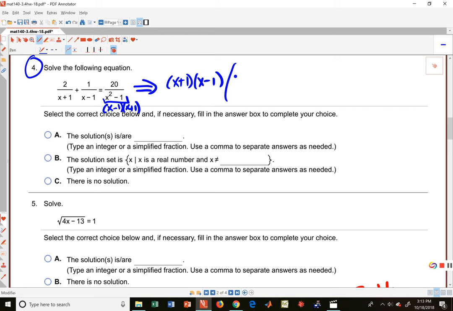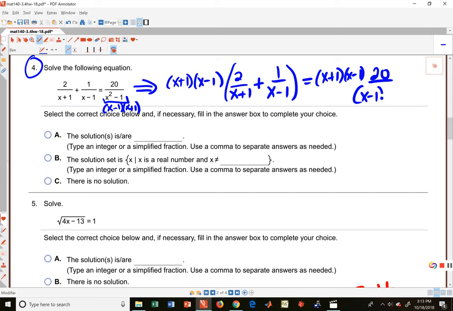So we're going to multiply this on the left, so it has one of those denominators. And then we're going to hit all of that across there, and then we're also going to hit this side as well. x plus 1 times x minus 1 times 20 over, and let's go ahead and factor that denominator so we can see it a little bit better.